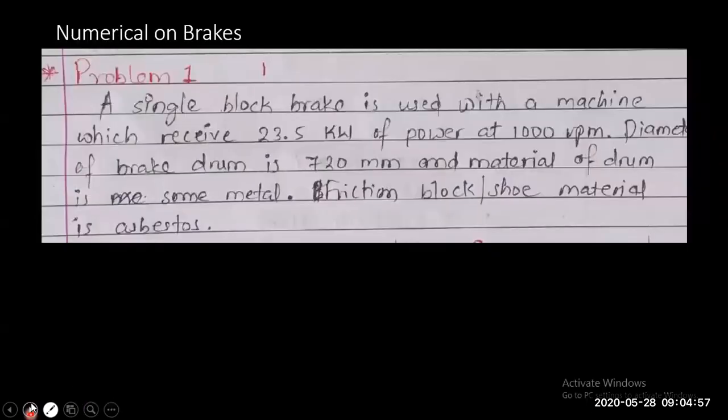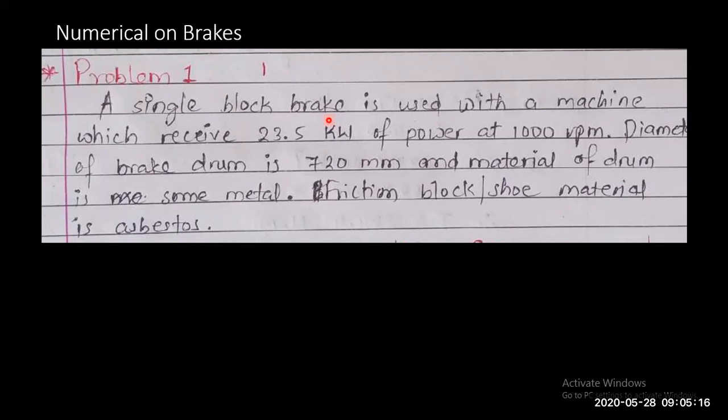So let's start off with the first numerical problem on shoe brake. This will typically be given in the question itself. A single block brake. Block brake and shoe brake both mean one and the same.